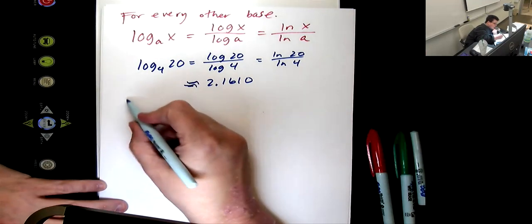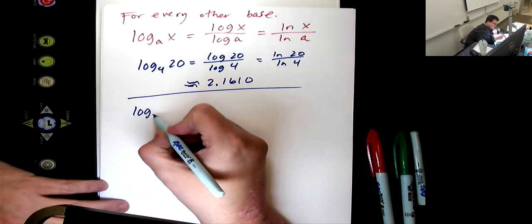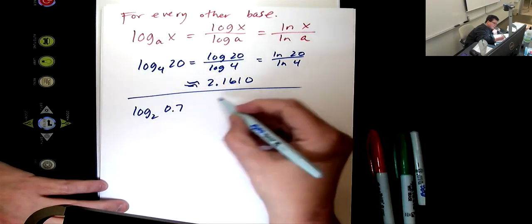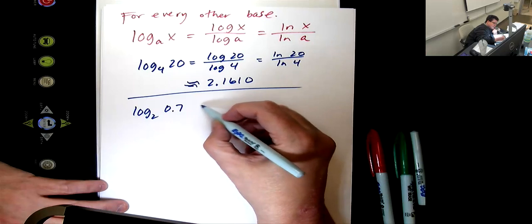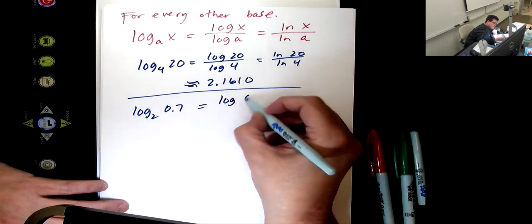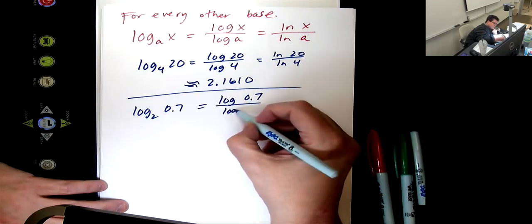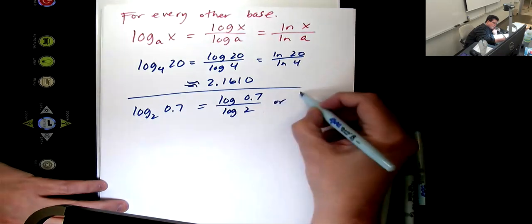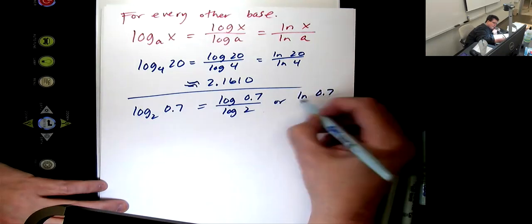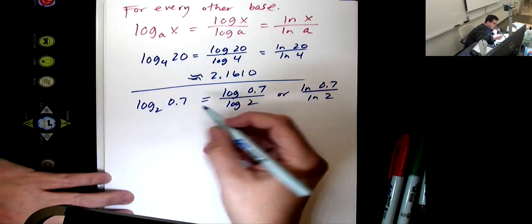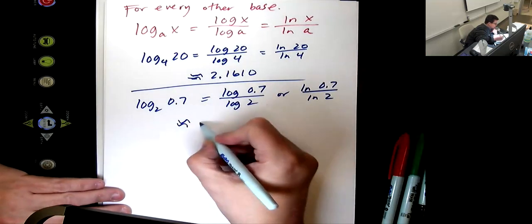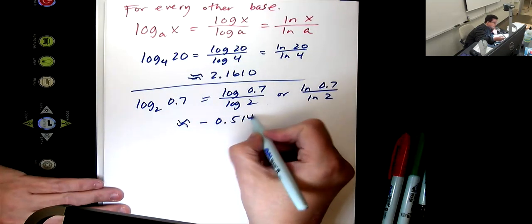If you do log base 2 of 0.7, this is log of 0.7 over log 2, or natural log of 0.7 over natural log of 2. You should get approximately negative 0.5146.